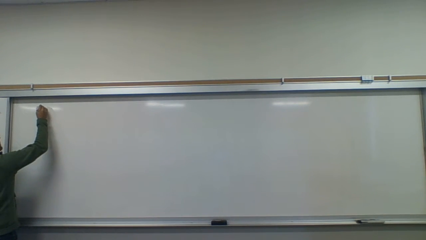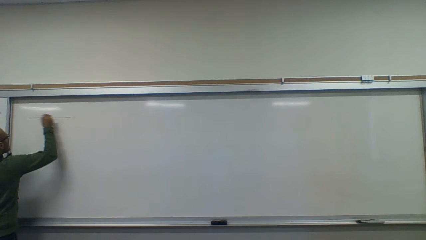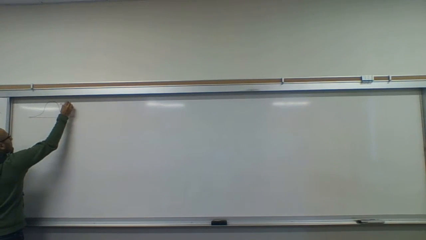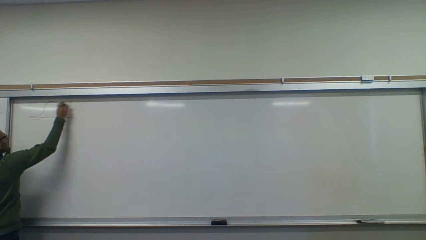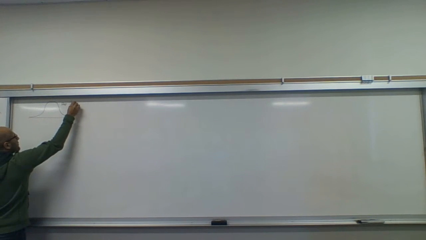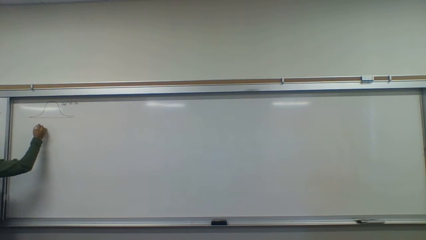Okay, so back from chapter 9, we know that if we have some sort of population, not necessarily normal, it could be some sort of distribution. Maybe it's normal, maybe it's not, but it's got some sort of mean, some sort of sigma.